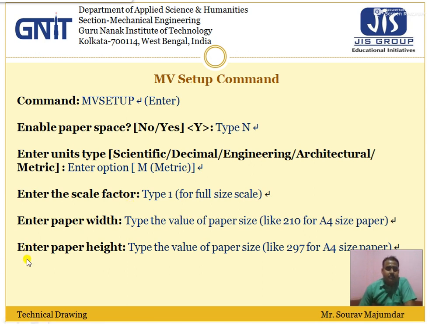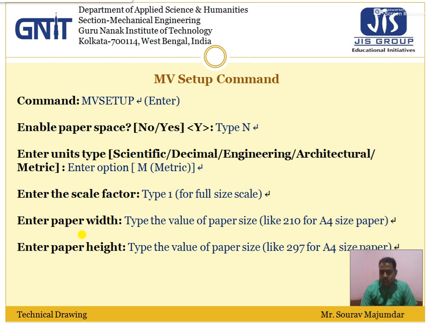The next step, the AutoCAD software will ask you to enter paper width. That is, which paper sheet or drawing sheet I choose, what is the width of this paper. So in that case, we do not enter the measurement of the A2 size page, that is generally used in our manual drawing.